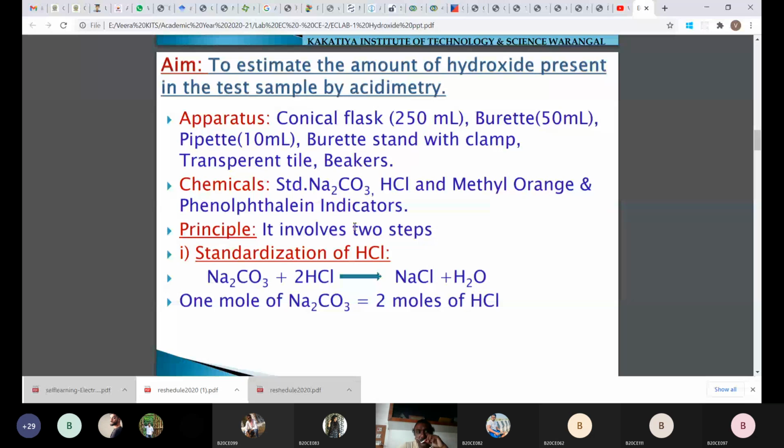Because to determine the end point of the titrations. So sodium carbonate and HCl react and form sodium chloride salt plus water. So is the equation right? Is it right or wrong?